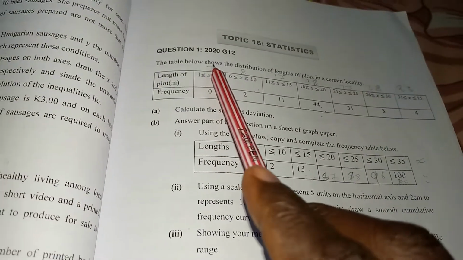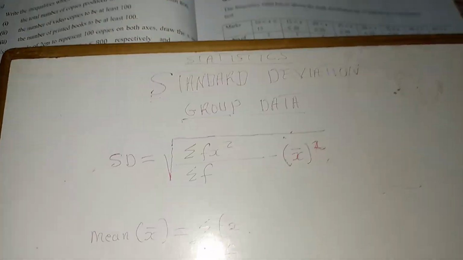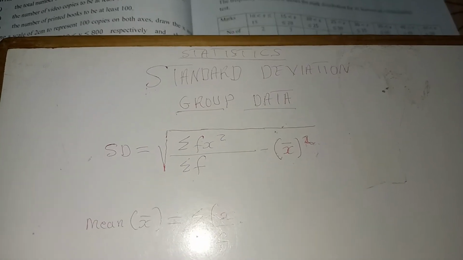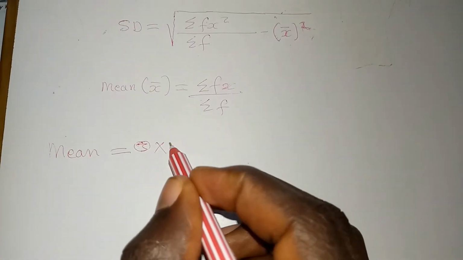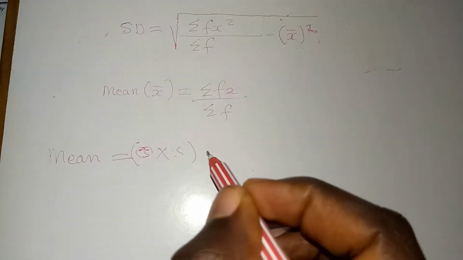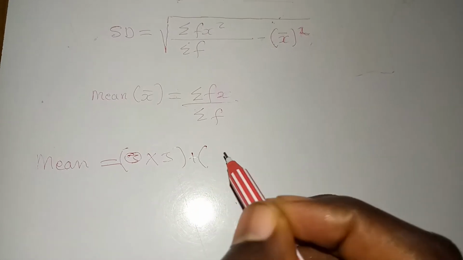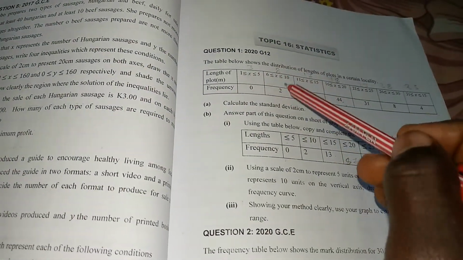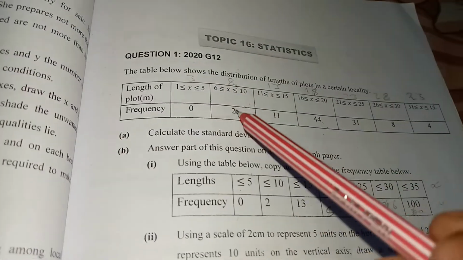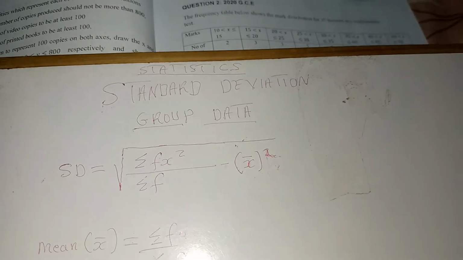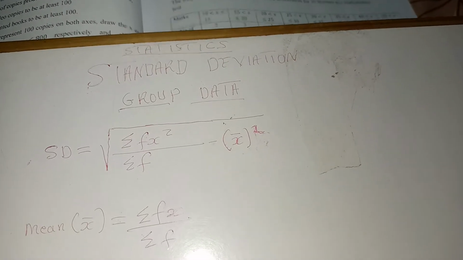We start with 3 times 0, so you say 0 times 3 in brackets, then plus the next one, 2 times 8.